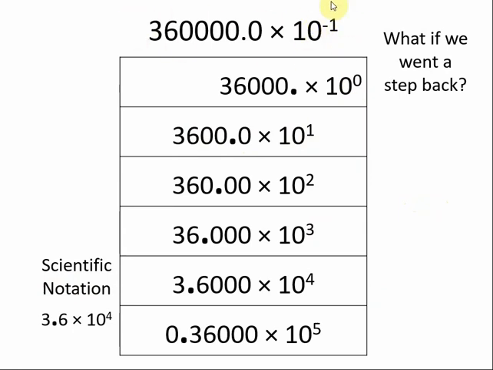So here's what we'd get up here if we used the math and went backwards from our original number. If the decimal is moving left, the exponent is going up. But we could move the decimal to the right, and the exponent continue to go down into negative numbers. That's possible. The main thing you had to see was to put this number, 36,000, into scientific notation. We moved it until we got to here.